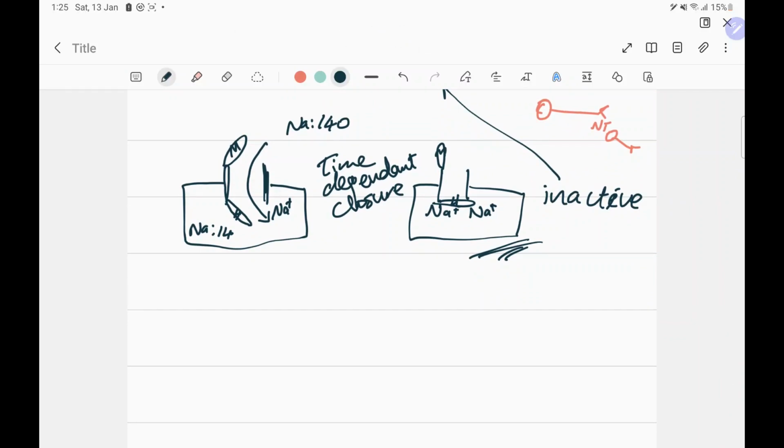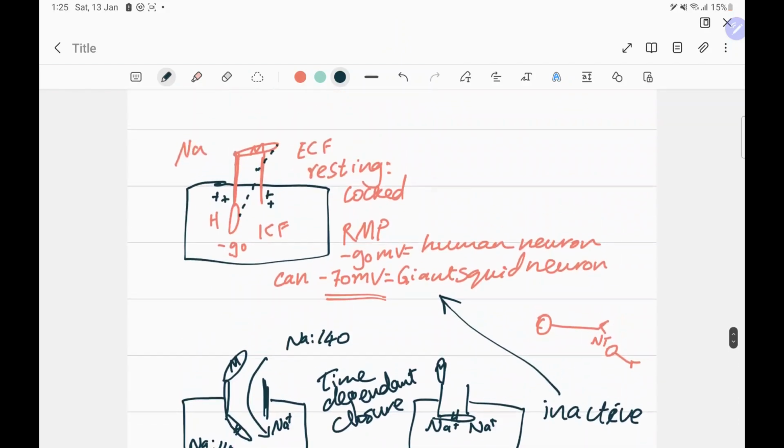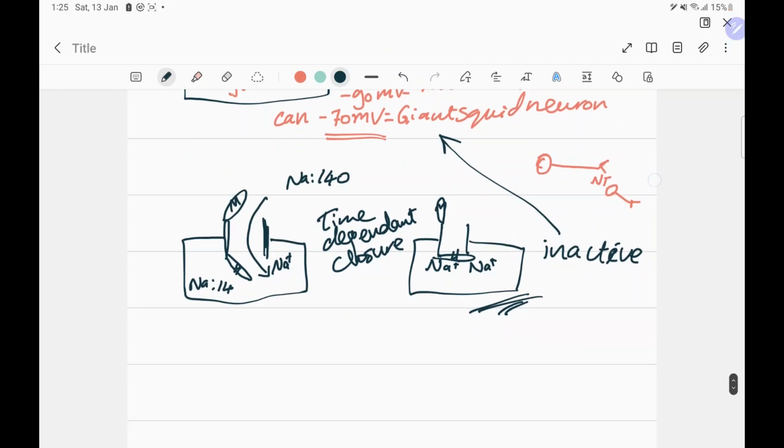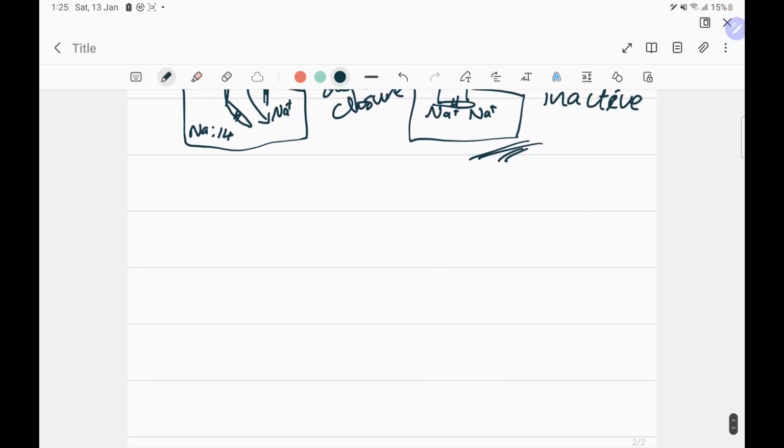Now if we look at how this works, you have your sodium channels, which are very important for the depolarization process. Sodium gushes in when you activate enough sodium channels. When it comes to potassium, it's not so hard to talk about.